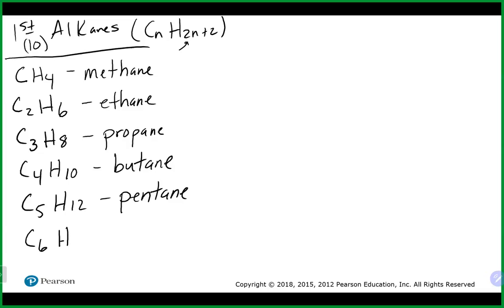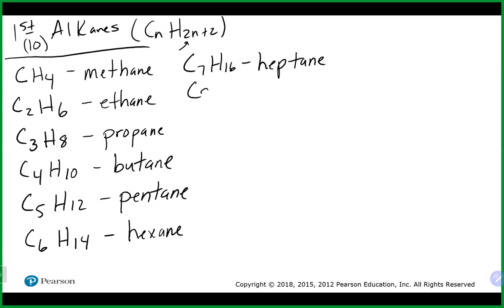6 carbons, 6 times 2 is 12 plus 2 more is 14 hydrogens it should have, is hexane. 7 carbons would have 7 times 2 is 14 plus 2 more is 16, which would be heptane. 8 carbons, 8 times 2 is 16 plus 2 more is 18, would be octane. 9 carbons would have 20 hydrogens, would be nonane.